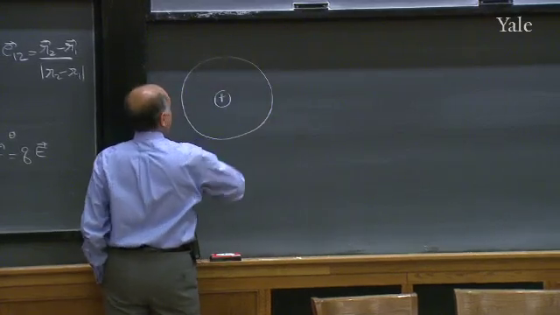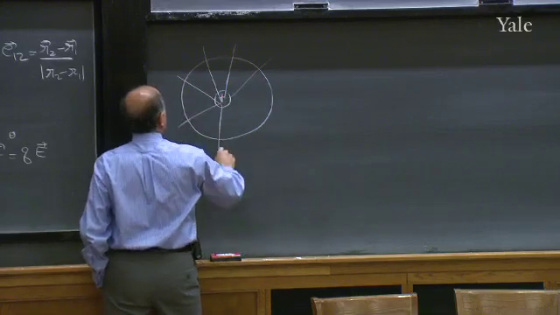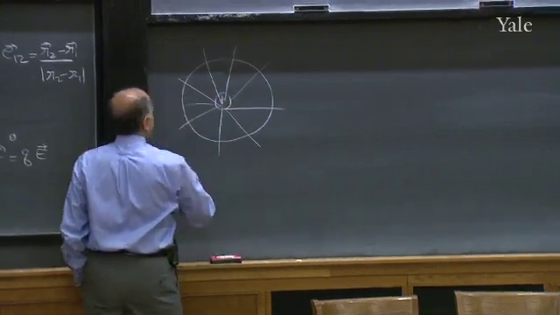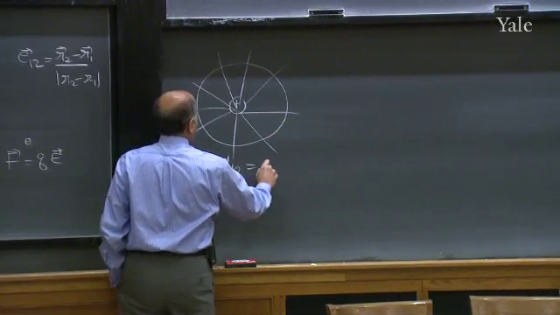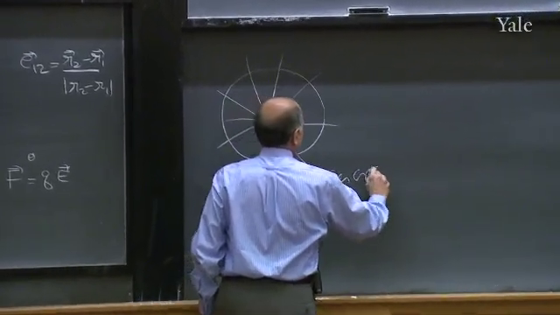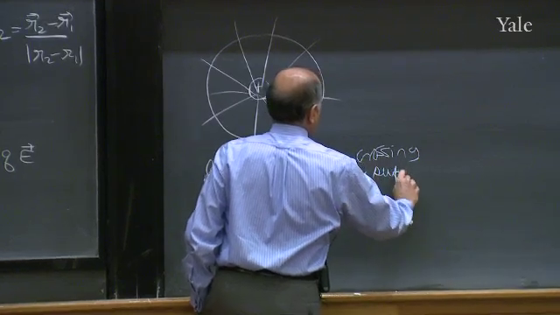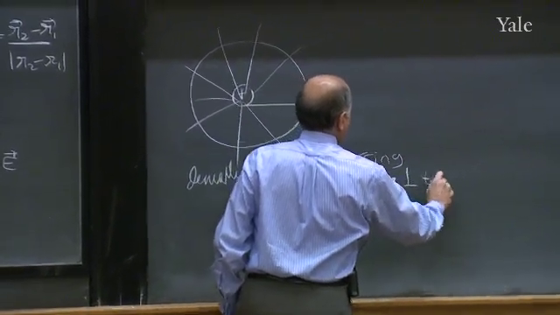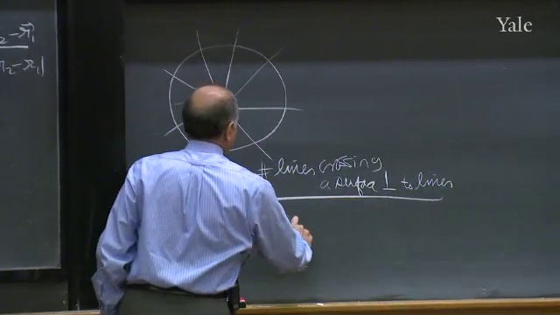Take a sphere of radius r, and here are all these lines going. By density of lines, I mean the number of lines crossing a surface perpendicular to the lines divided by area of that surface.